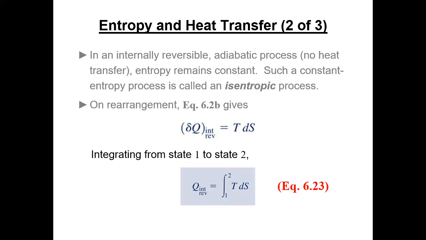Now, this bullet is kind of independent of the first one. If I have an internally reversible process and there is some heat transfer, I can integrate TdS from 1 to 2 and calculate what that heat transfer is. This gets used quite a bit. So that's this slide. Both of these things you need to study up on and know.